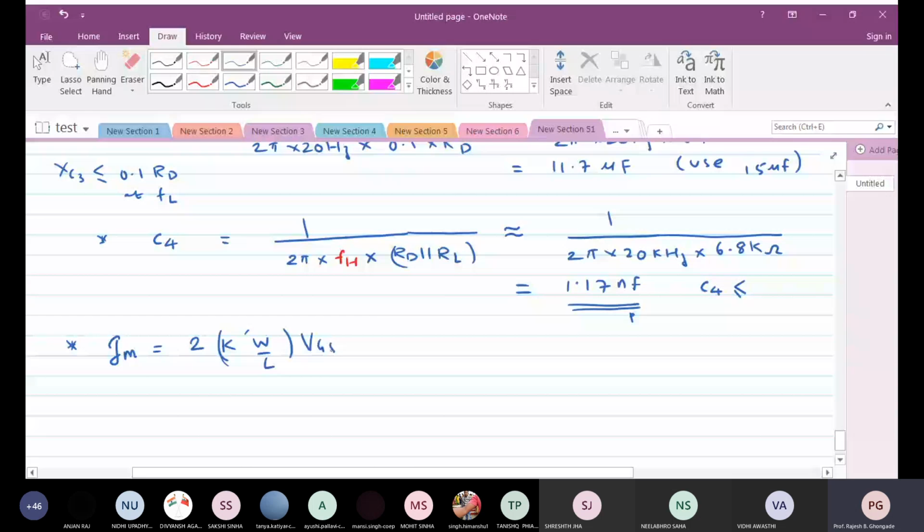So I get 2 into 0.0156 into VGS, which was 2.24 minus 2. Calculate this for me. How much do I get?